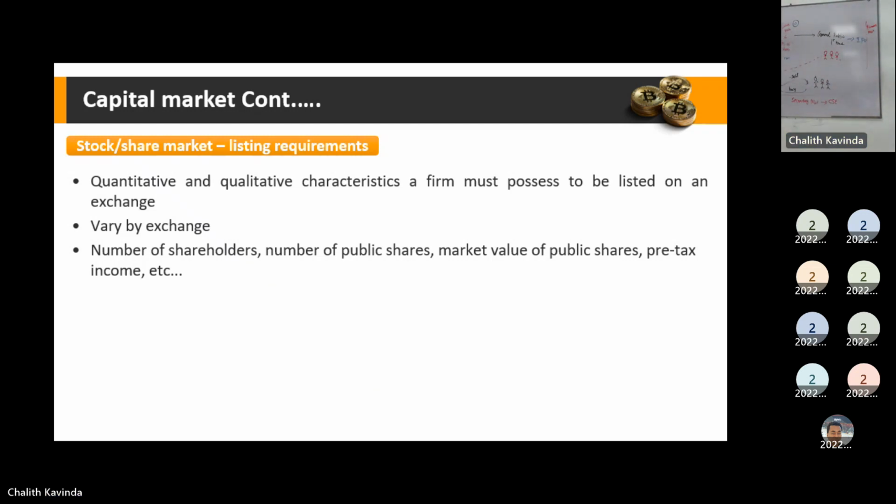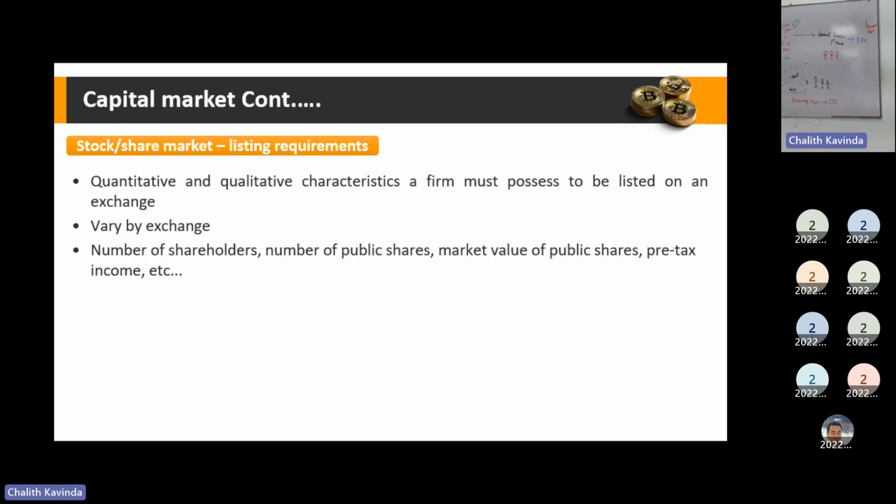Why? Because simply by issuing shares, the general public is providing a loan for the company. Therefore, the company must handle its finance matters in a very disciplined way. Otherwise, what will happen? You put your hard-earned money in the company and the company will collapse.